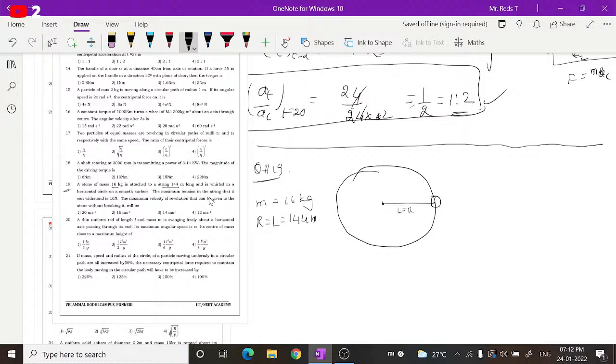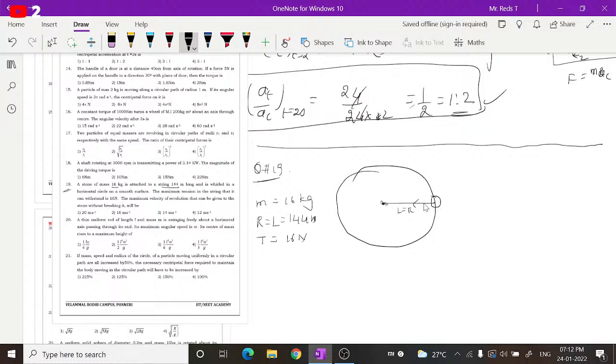The maximum tension in the string that it can withstand is 16 Newton. We need the maximum possible velocity of revolution that can be given to the stone without breaking, that is, how much faster you can rotate. If you increase the speed, tension in the string increases.